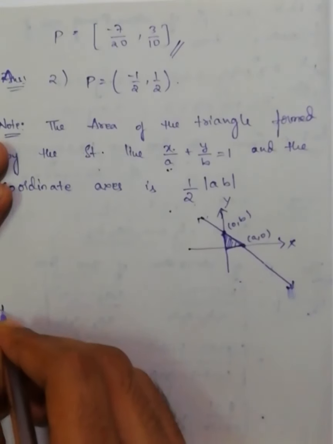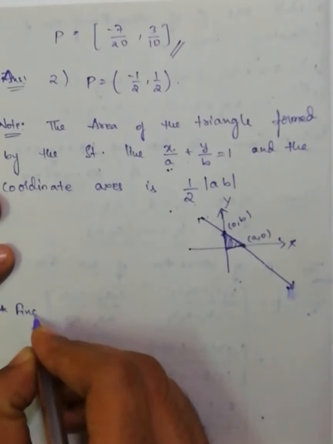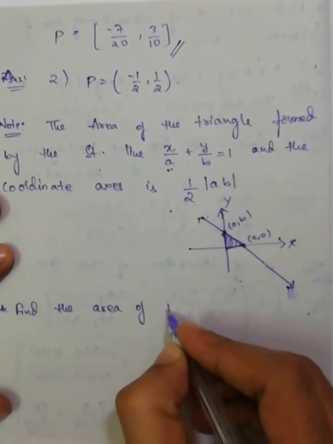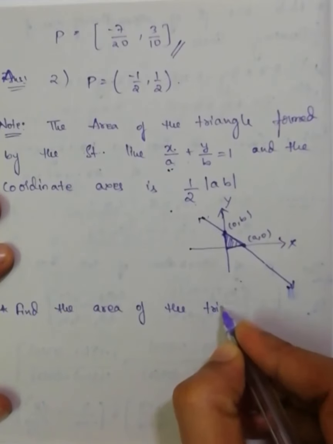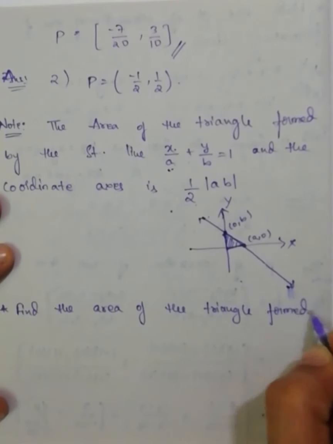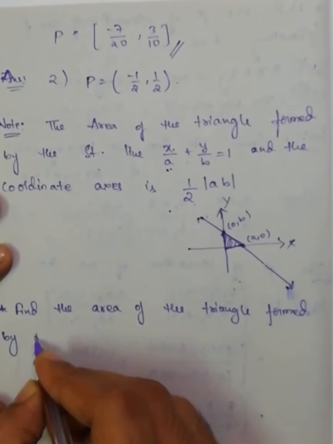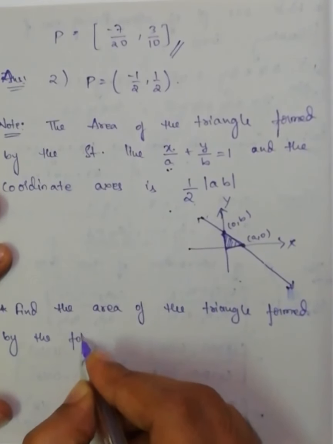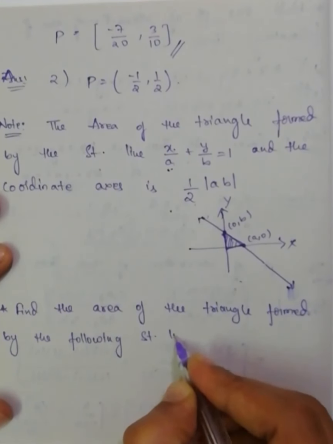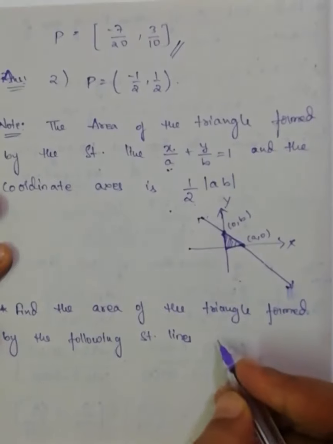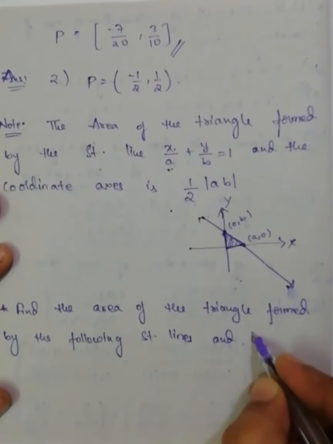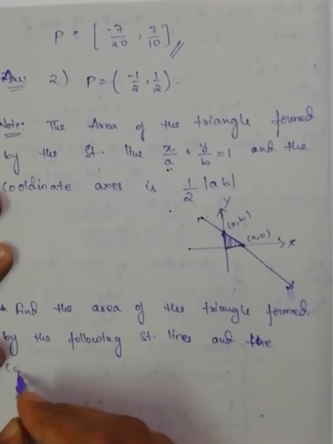Problem: find the area of the triangle formed by the following straight lines and the coordinate axis.